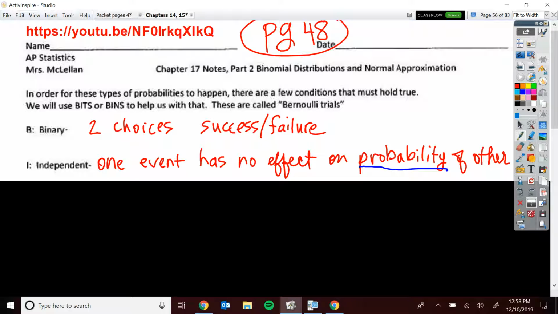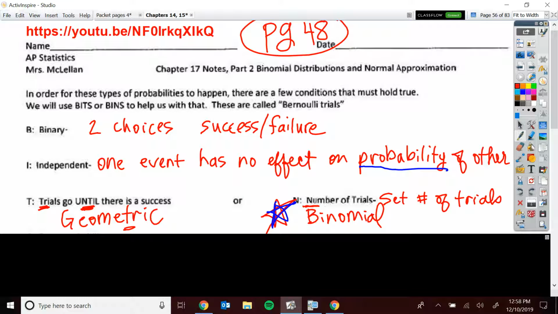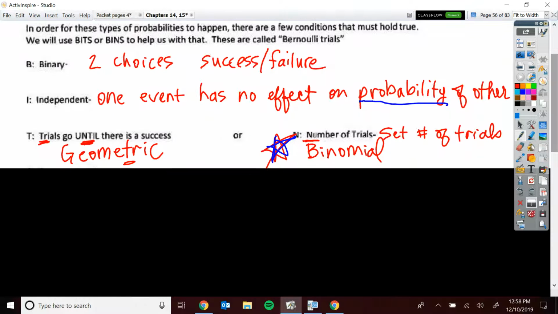All right, and the bits or bins, that third one tells us the difference between if we're dealing with a geometric or binomial, which is what we're learning today. Do you remember what made it geometric? You do trials until there is a success. That's geometric. Trials until a success is geometric.